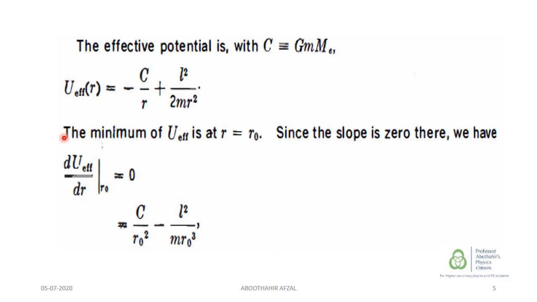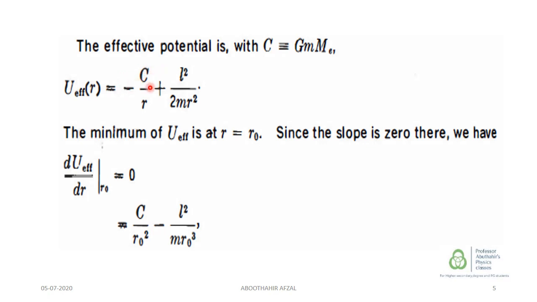Now at R0, where there is a minimum of the potential energy curve, that is at the value of the minimum of the effective potential, R equals R0. At that minimum the slope is 0, and therefore we can equate the first derivative of the effective potential to 0.